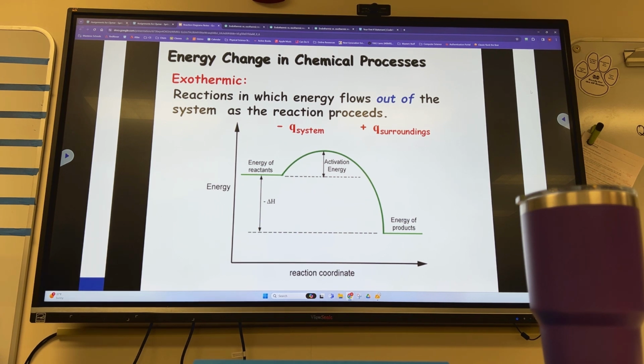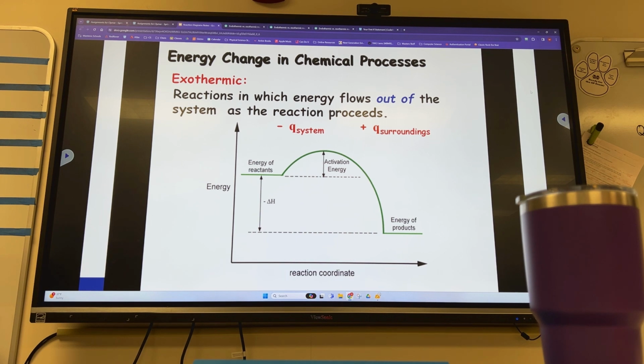In this case, you start on the left higher, and you end up on the right with less energy on your product side. But you still have that bump in the middle. And this is exothermic chemical processes. So here we have an exothermic reaction diagram.